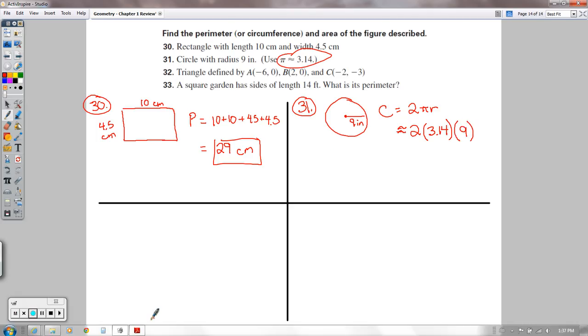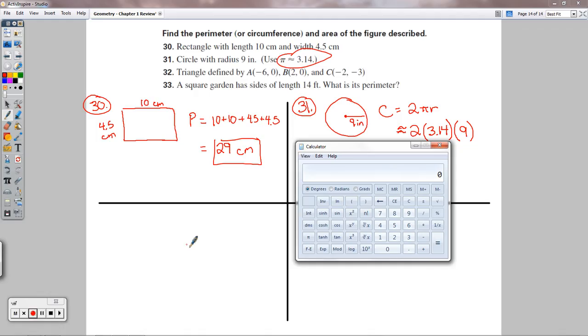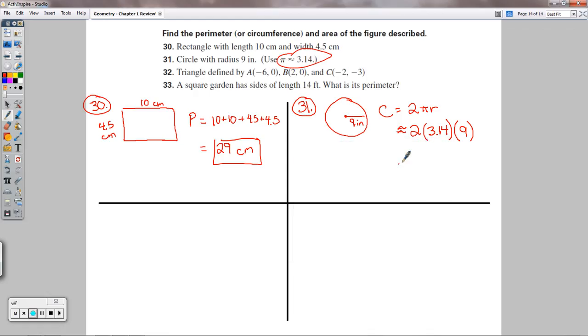And I've got 9. If I use my calculator to figure this out, I've got 2 times 3.14 times 9 gives me 56.52. And this was in inches, so don't forget your units.